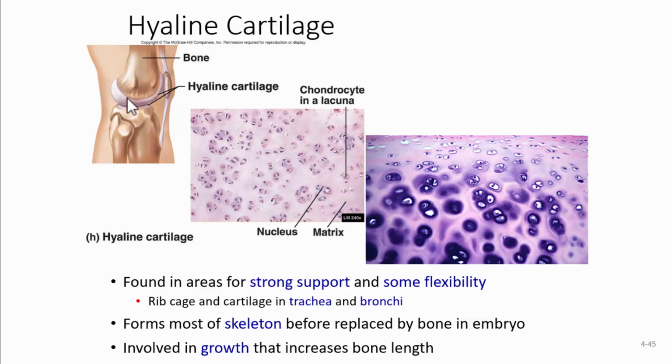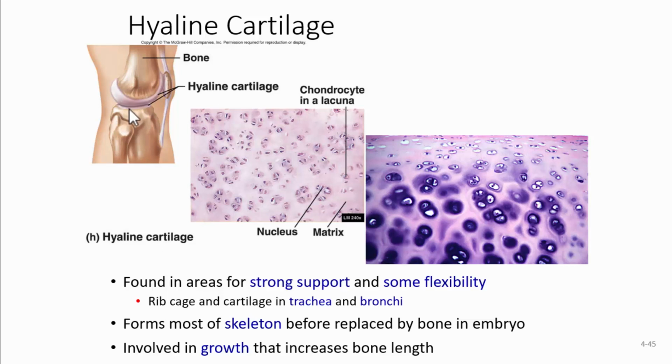But if you look at chicken raw, you'll see this little white rubbery cap on the ends of the bones. That's hyaline cartilage. If you play with it a little bit, you'll notice it's rubbery. That's to allow cushion in between the bones. So we have cushioning between the bones. It's also very slippery. That's so that we reduce friction between the bones.